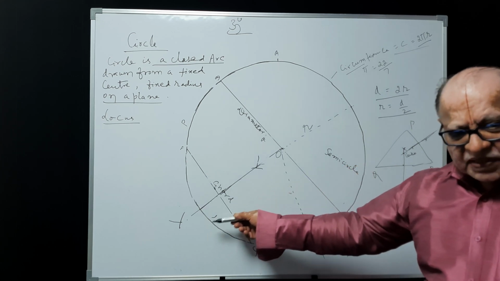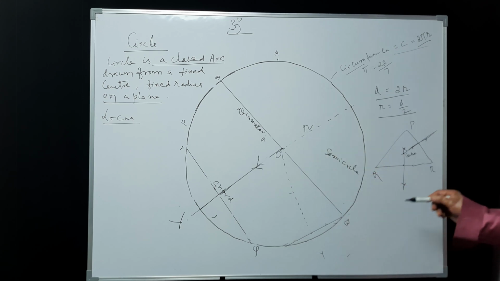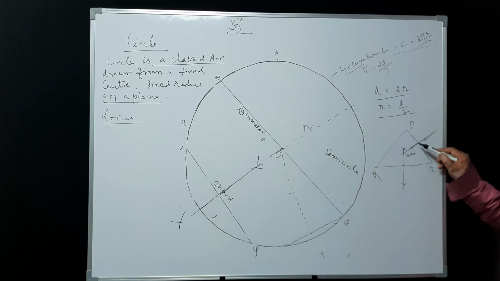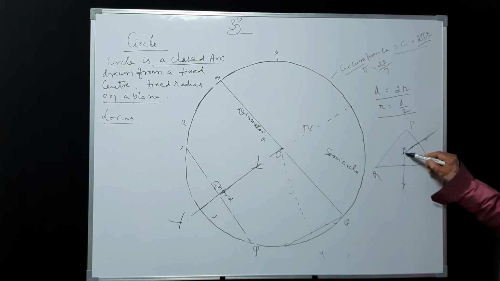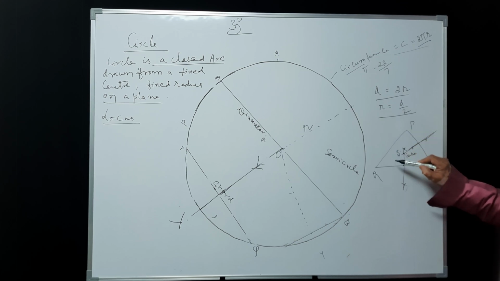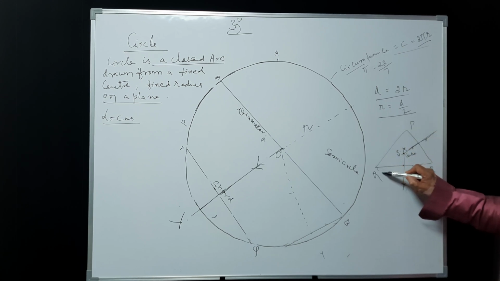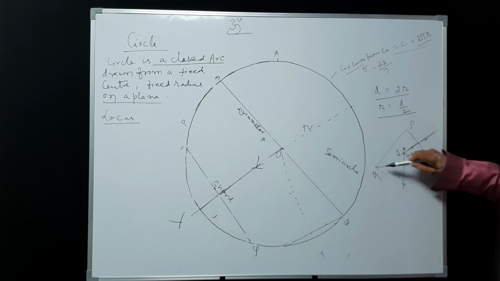The perpendicular bisectors of chords meet at a point called the center. Therefore, draw the bisectors easily. Produce them to meet at a point. That becomes the center of the circle. Then that will be called the circumcenter, because the circle which we are going to draw circumscribes the triangle, and it passes through all the vertices like this.